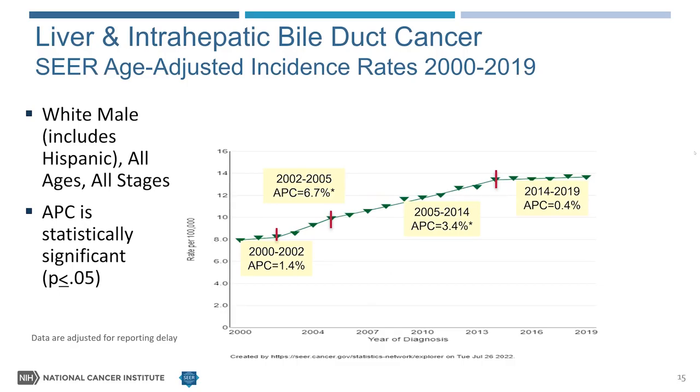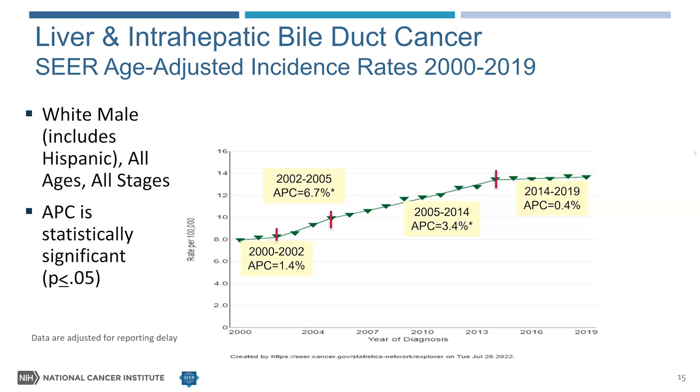Here is an example of SEER age-adjusted incidence rates for liver and IBD cancer between 2000 and 2019. This is for male, white, including Hispanic, all age, all stage incidence rate. The first segment is between 2000 and 2002. From year 2002, there's a statistically significant rising trend with APC equal to 6.7%. The statistical significance is based on level 0.05.